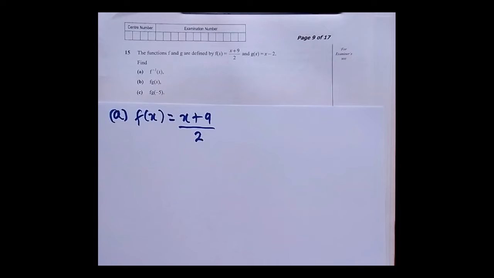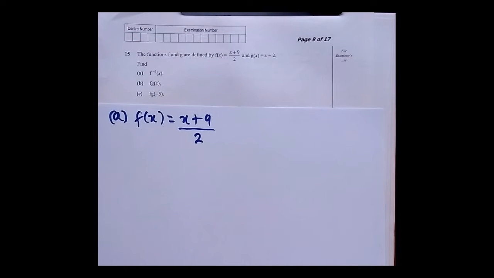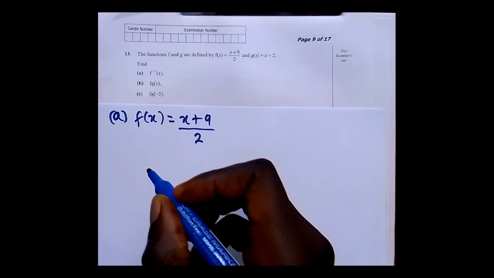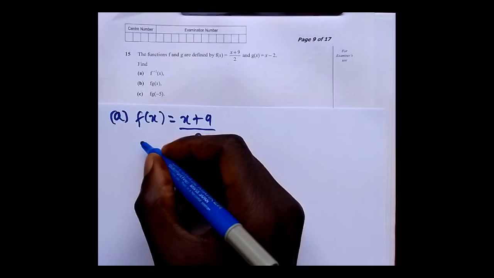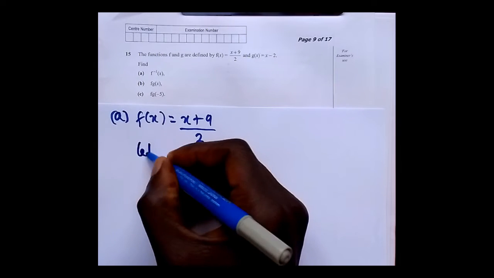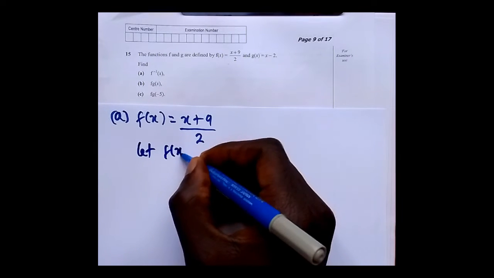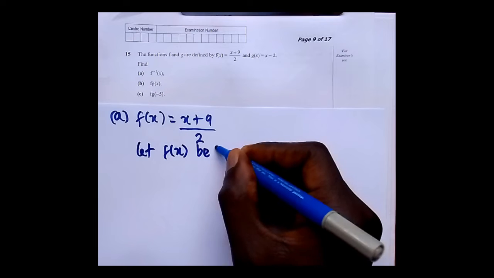So those are just a few steps that we're going to take. To get the inverse function of f of x, we'll start with letting f of x be y.